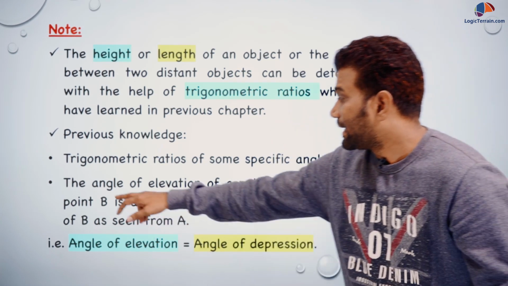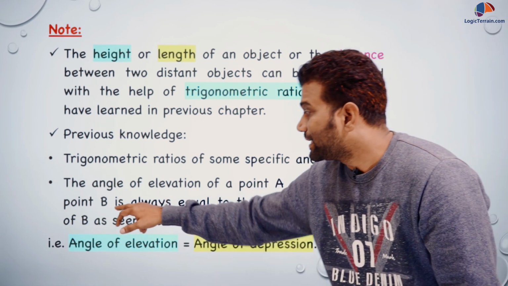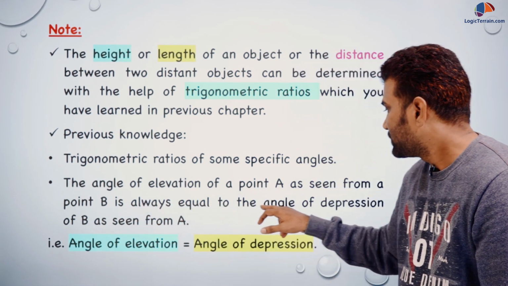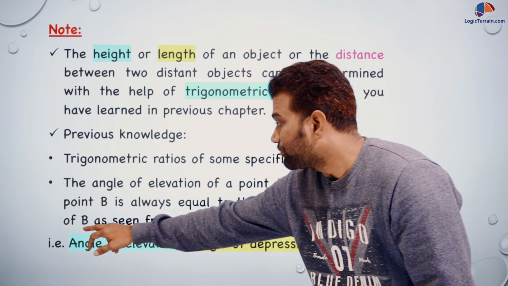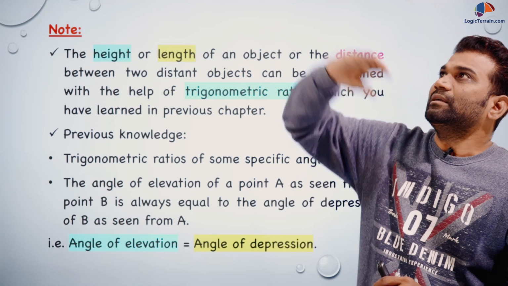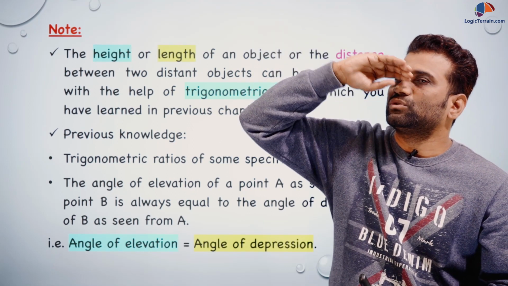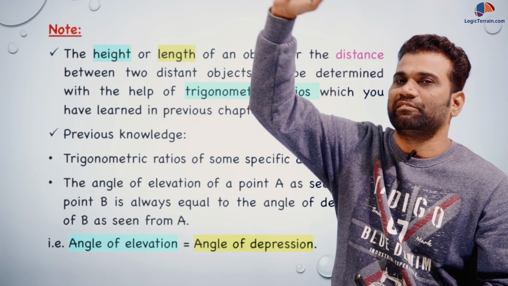Okay. And the angle of elevation of a point A as seen from a point B is always equal to the angle of depression of B as seen from A. So you are observing a point, and that is the angle of elevation.